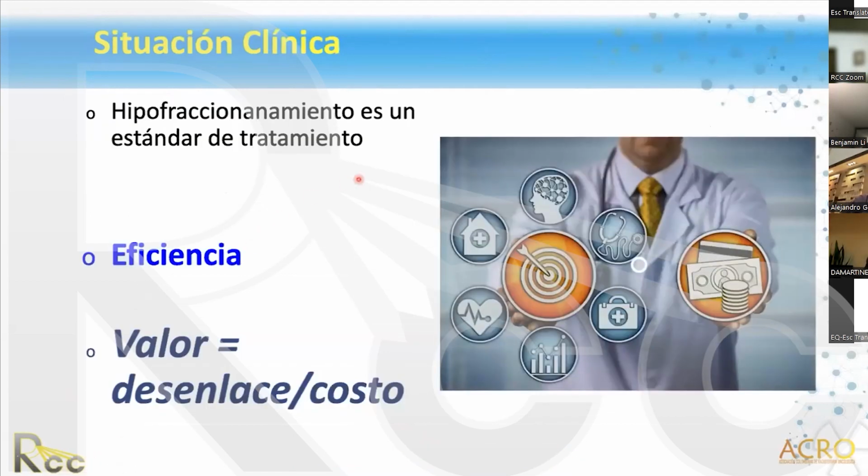So if patients have a clinical situation, it is important to know that hypofractionation is a treatment standard in multiple pathologies, and we should all know them, and we should try to offer our patients the most efficient treatment possible. Efficiency has two definitions.